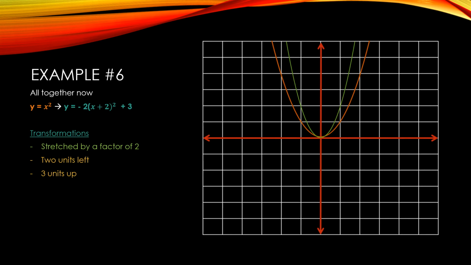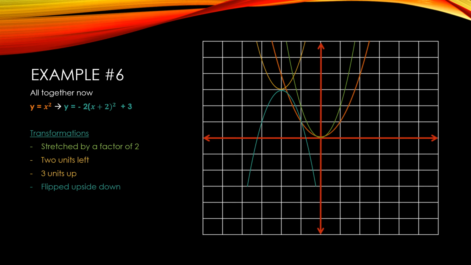I'm going to conduct both the 2 units left and the 3 units up in one step. Here's the new positioning of our parabola. Now I go back to the beginning and do that reflection. Now the lowest point on our parabola is at negative 2 and positive 3. I just pin down my pencil there and flip the parabola upside down. And this is the result that we have.